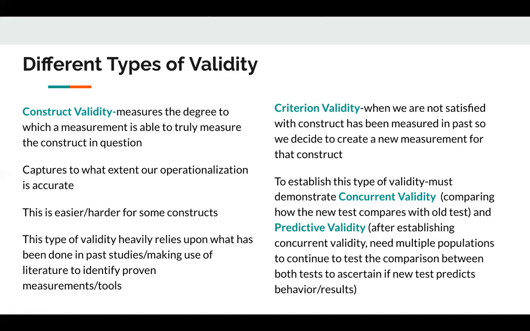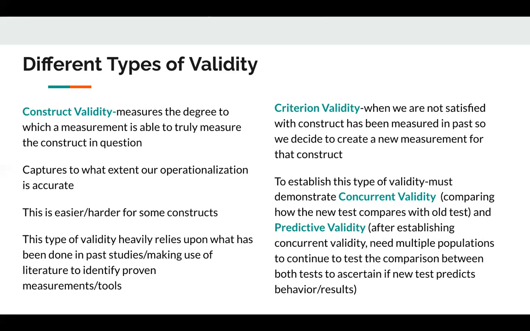Then predictive validity is what happens next, because after you establish concurrent validity, you then need multiple populations to continue to test the comparison between both tests, because you want to make sure that your new test will predict behavior and results, that it wasn't just a fluke when you were establishing concurrent validity. You want to make sure that your test works across multiple populations and multiple settings and so forth.